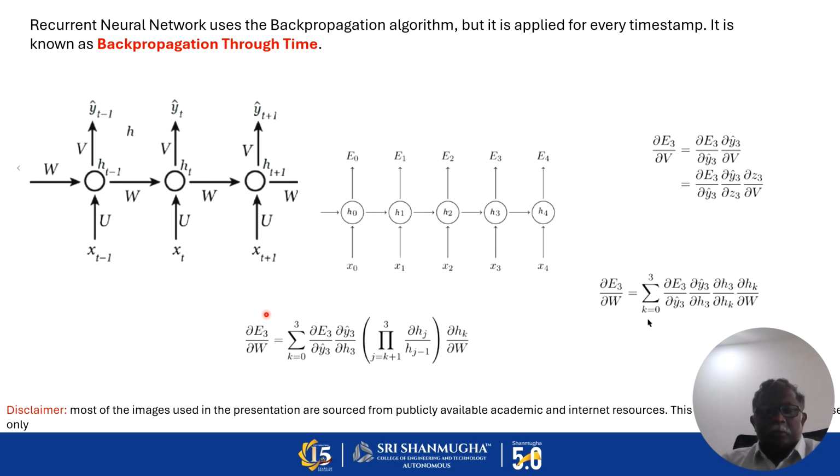So now we are in a position to update the weights W, V, and U. These are the three weights to be updated using the gradient descent algorithm.